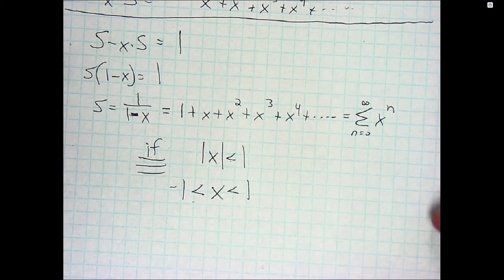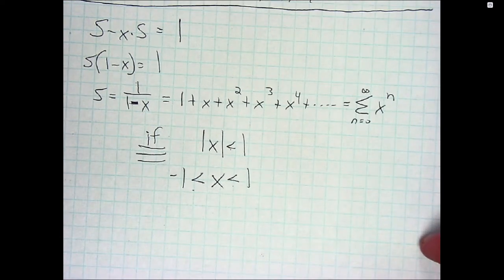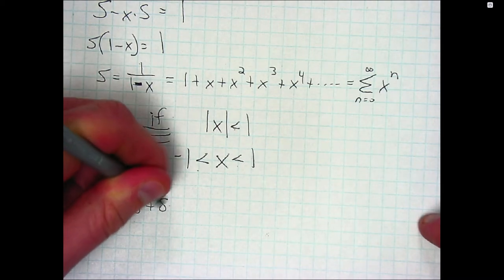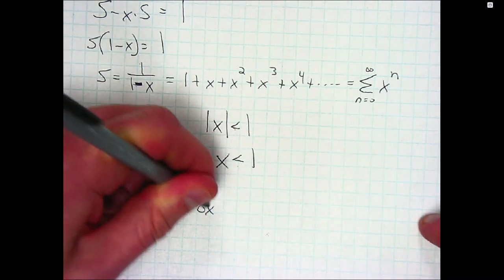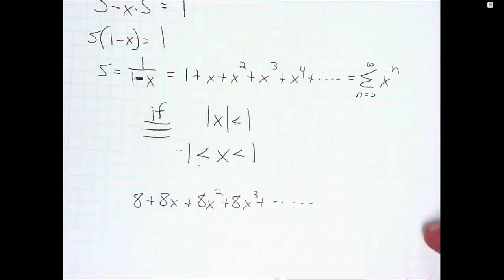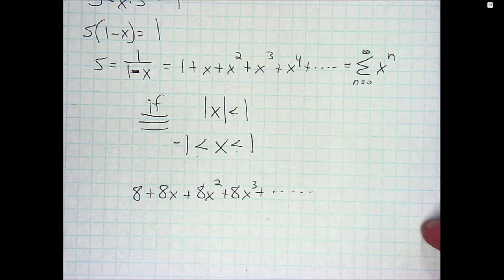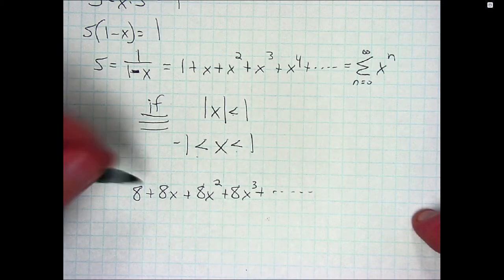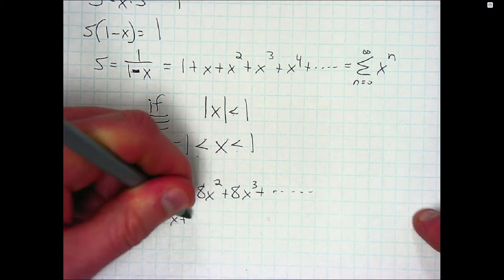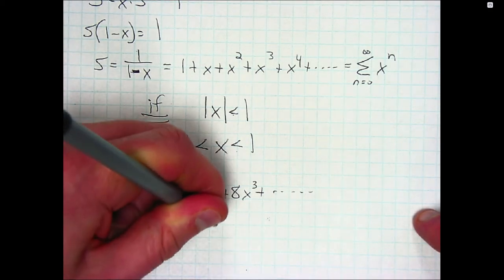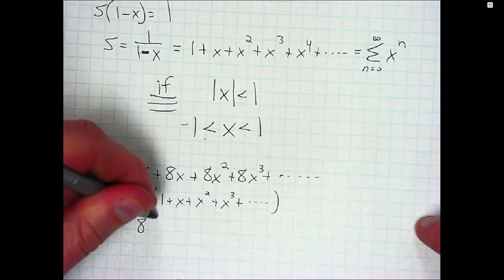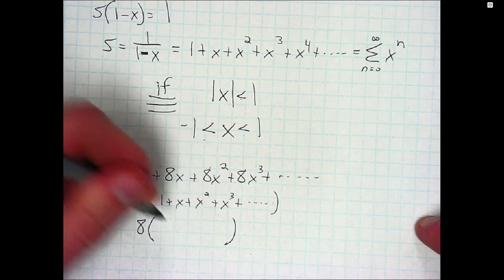And that also lets me create some other series relationships fairly easily. And so let's say that I came across this series: 8 plus 8x plus 8x squared plus 8x cubed, and so on. And I was interested in what this series is equal to. Well, of course, all this has is this extra 8. And so I factor out the 8, right? It was 8 all the way along. And now I have this memorized. I know that this thing in parentheses is my friend from earlier.